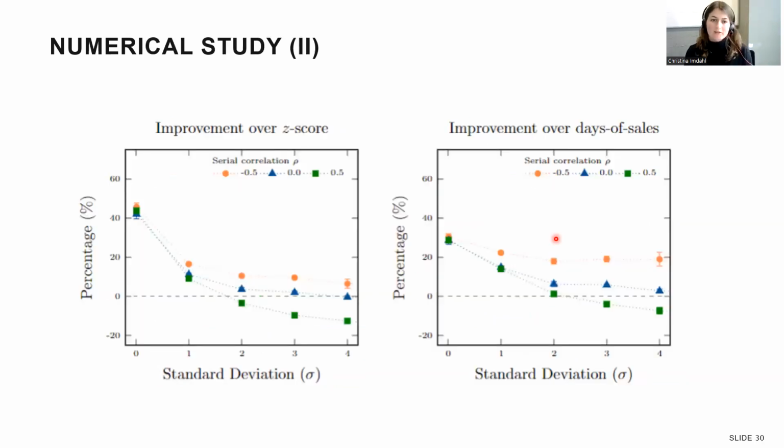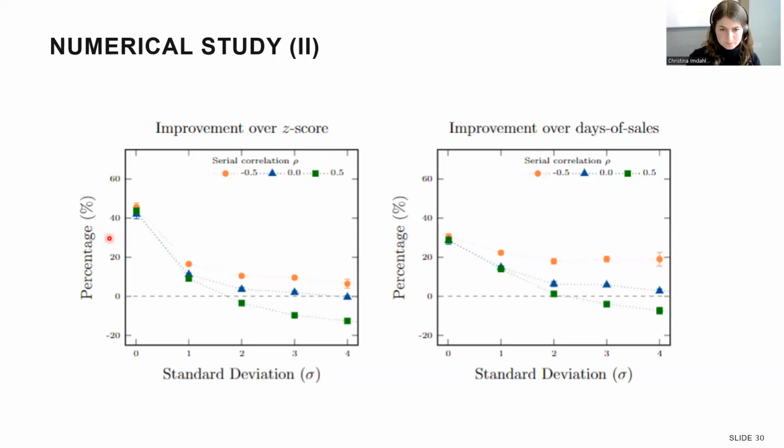And then second, we look at how correlation also impacts our results, and how the standard deviation impacts our results. At the bottom here is the standard deviation, and the blue line is if we don't have any correlation, the orange line is if we have negative correlation, and the other line is if we have a positive correlation, and we model this with an AR1 process.